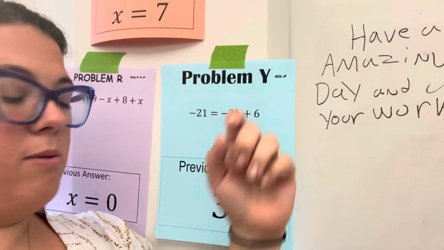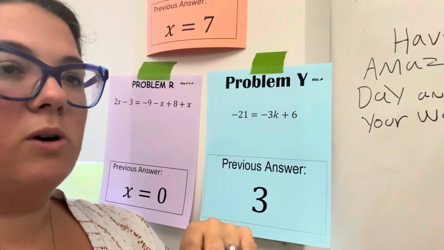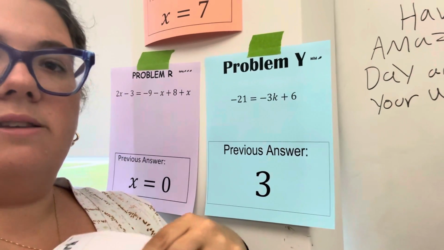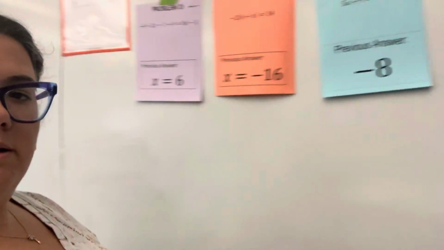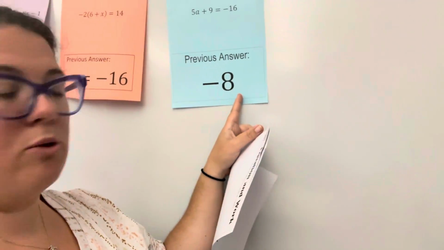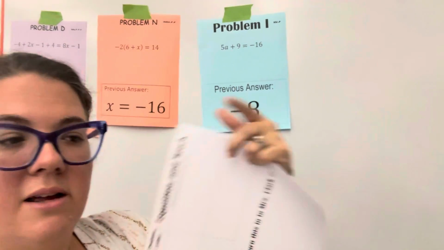Then I would write this problem down, put Y, and solve this one. Say my answer is negative 8, I gotta look around the room and find a poster that has that answer. If I don't see a poster that has that answer, then something's wrong. So if you look here, this one says negative 8, I'm staying on the blue papers. I would then do this problem, write down problem I, and so on.